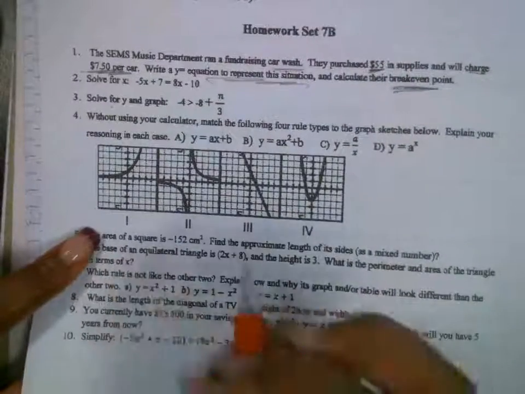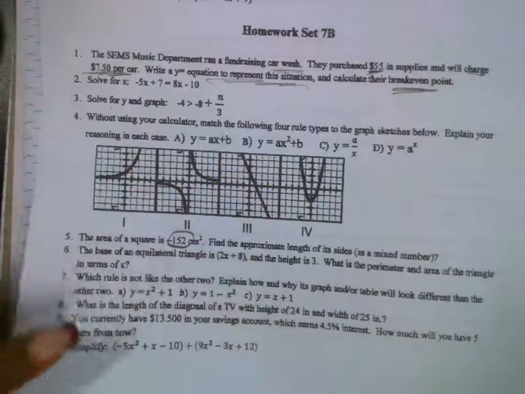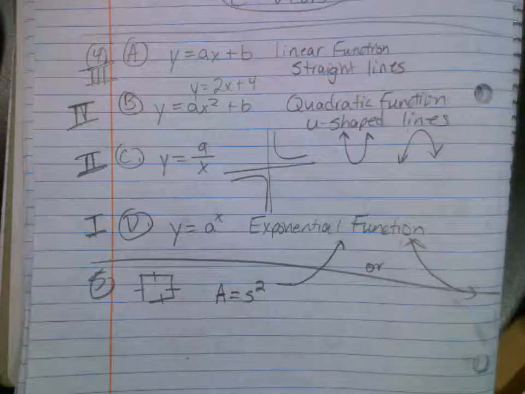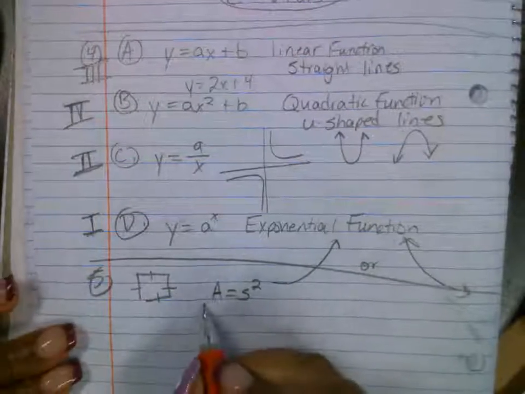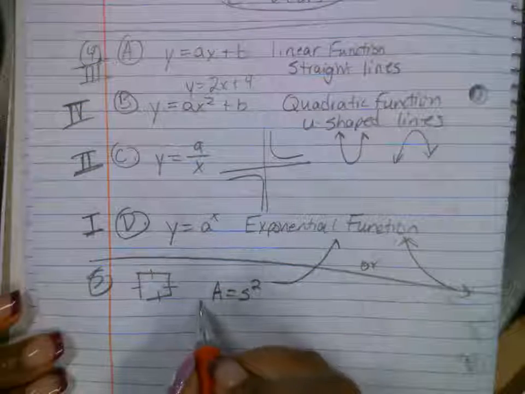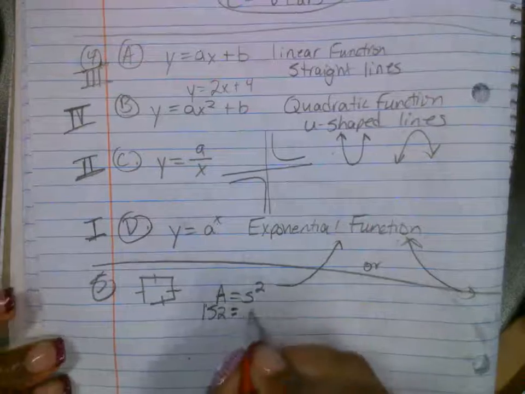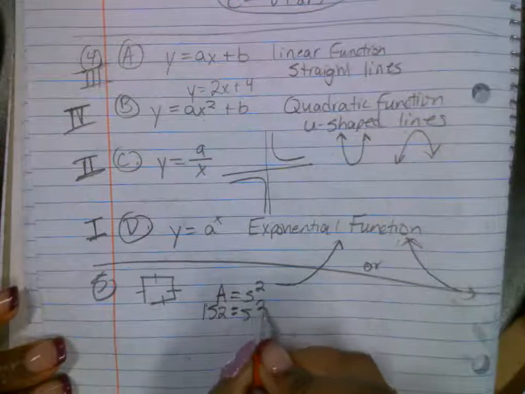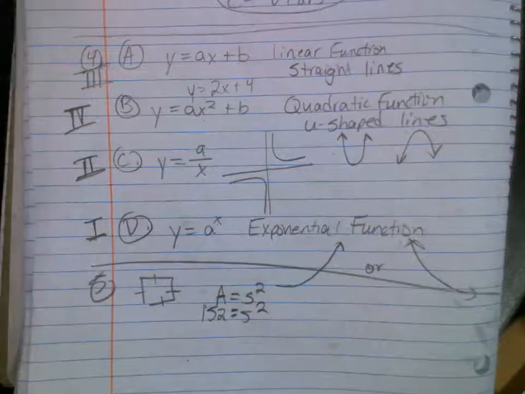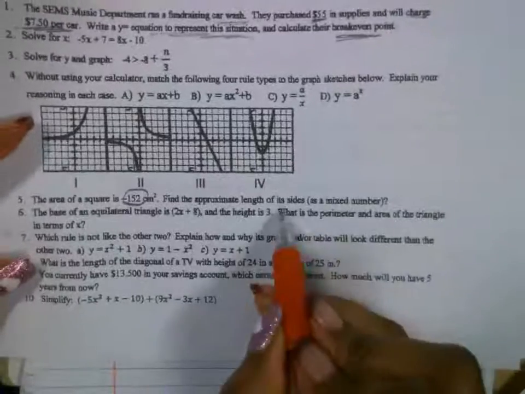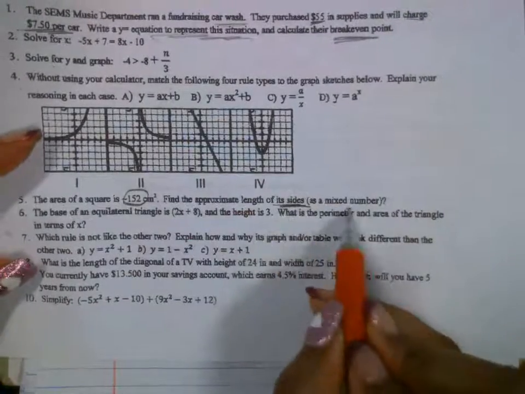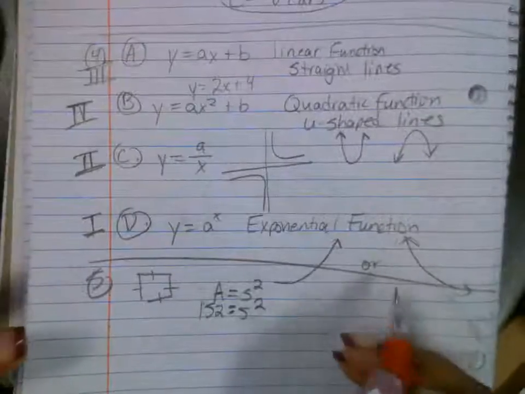It's telling you that the area is about 152, because it has a squiggly in front of it. So we're going to put 152 in the place of A. What they're asking for in this problem is the length of the sides, and you can go back and write it as a mixed number.